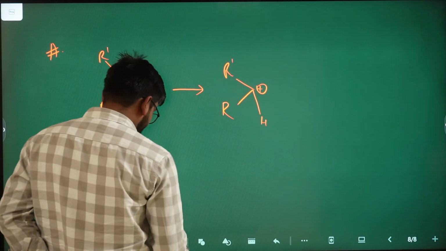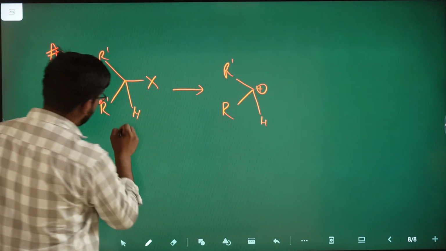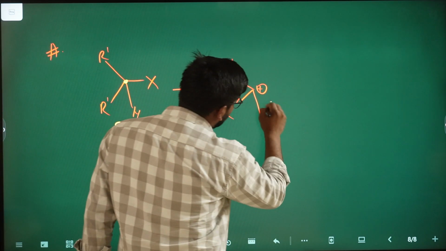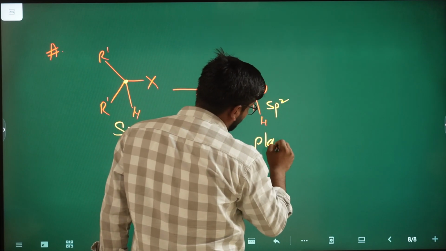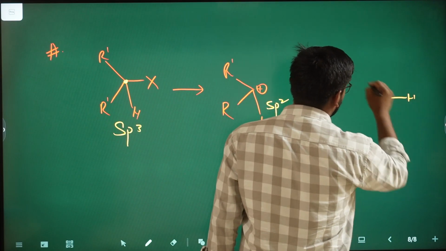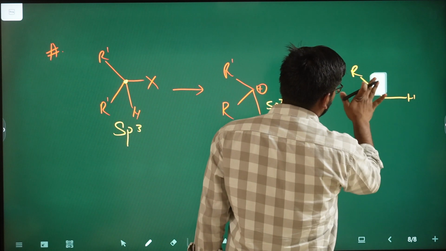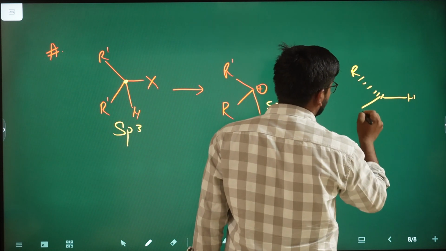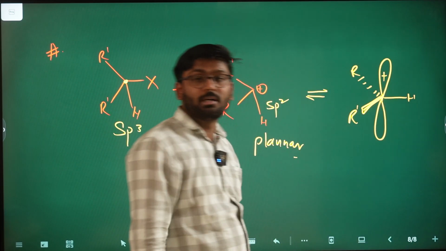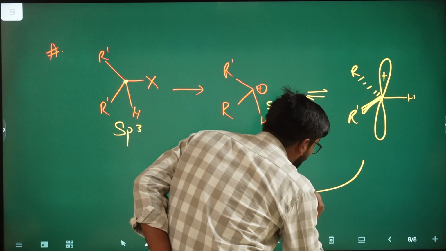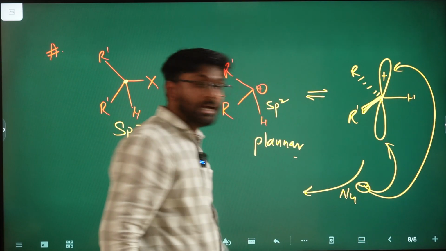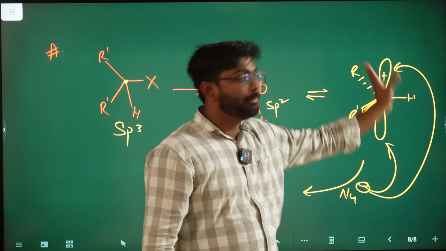Here this is an sp3 carbon center, and here it is sp2, which is planar. The carbocation has a vacant p orbital. So now the nucleophile can come from here or from here, so we can get two products, from upside and from downside.